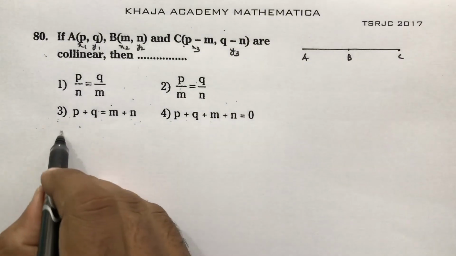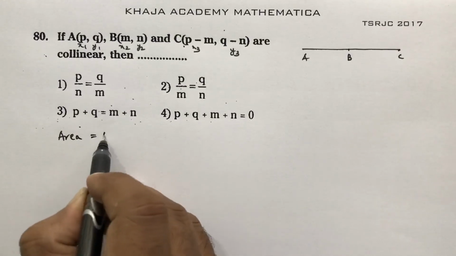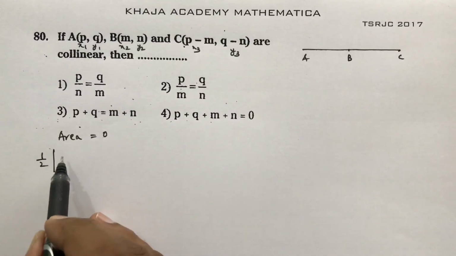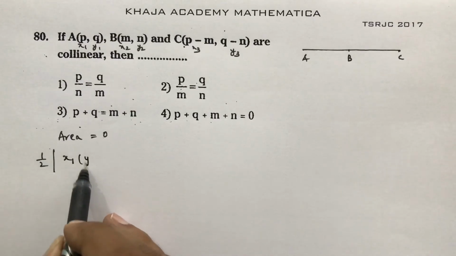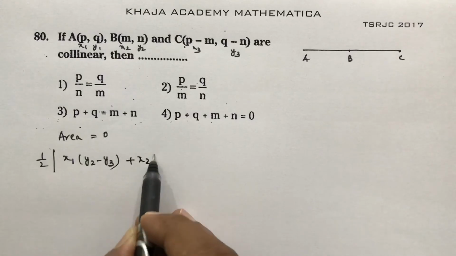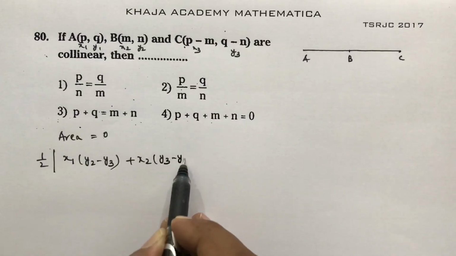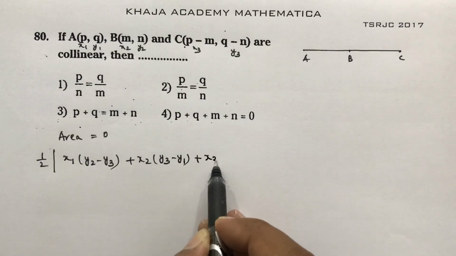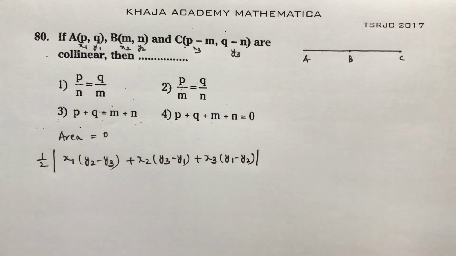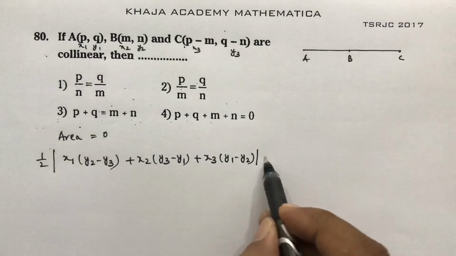Area equals 0. Area formula is half modulus of x1 into y2 minus y3 plus x2 into y3 minus y1 plus x3 into y1 minus y2. So in this formula, area equals 0.